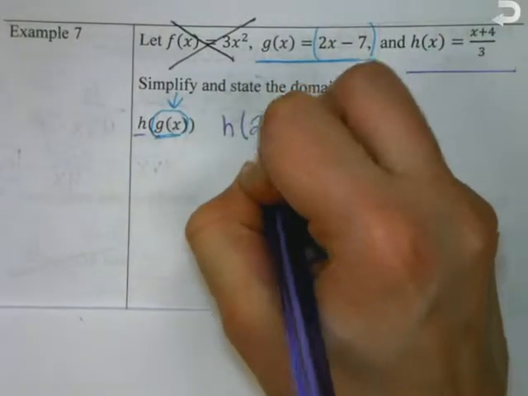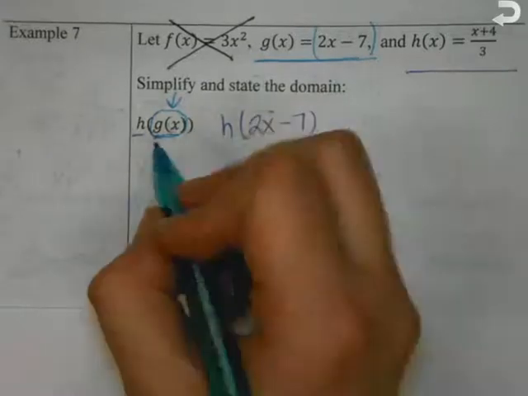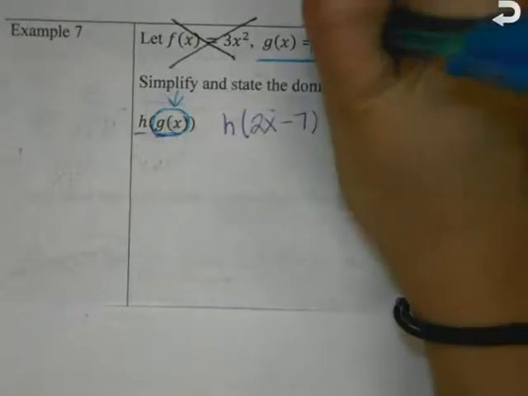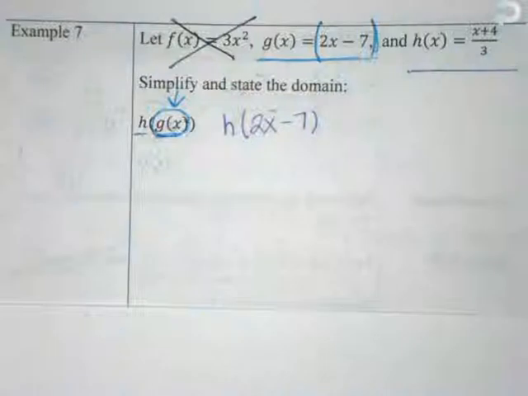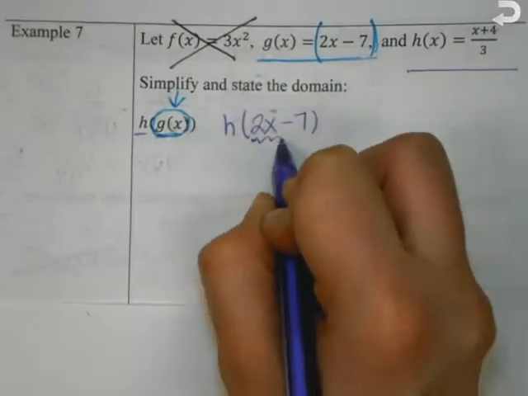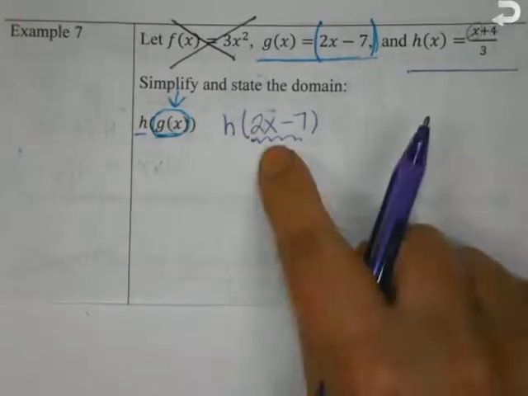Because there was no number in there for g of x, we can't evaluate anymore. So we just take that full g of x function and plug it in for g of x. Now in the h function, everywhere that I see x, I'm going to plug in 2x minus 7. You probably want to keep it in parentheses.